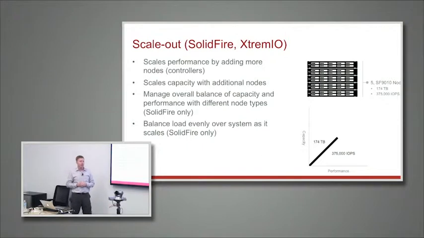So you can build a cluster with a lot of performance and a little bit of capacity, as we saw on that graph, or a lot of capacity and a little bit of performance, or mixed nodes to get whatever balance you want. So you don't really have to feel like you're stranding either one of those as the system expands.